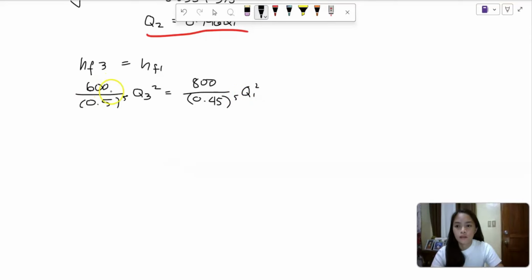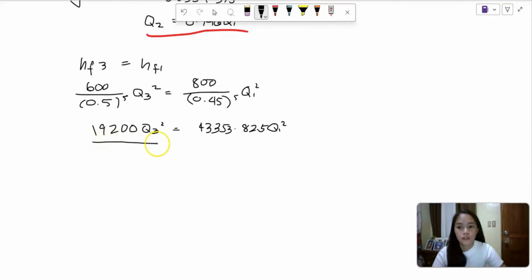Again, by plugging in the calculator, we get 19,200 Q sub 3 squared and 43,353.825 Q sub 1 squared.